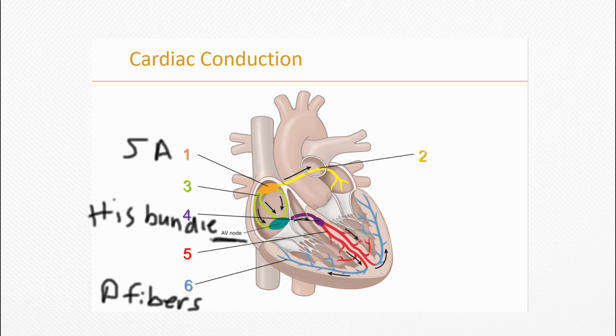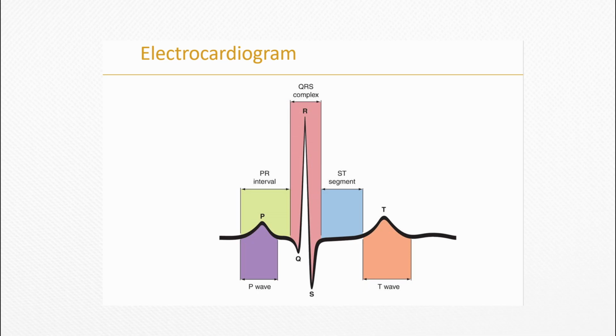We usually monitor these electrical impulses with an EKG, and I'm sure some of you are familiar with it, but there's a specific rhythm to how the heart pumps based on the electrical impulses I just mentioned.